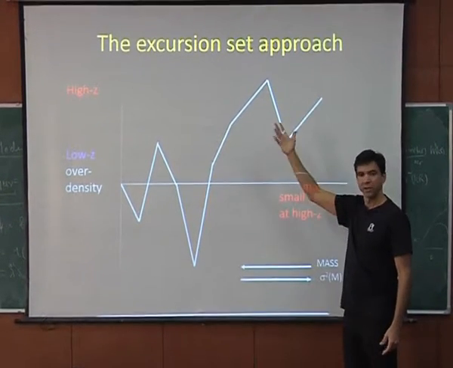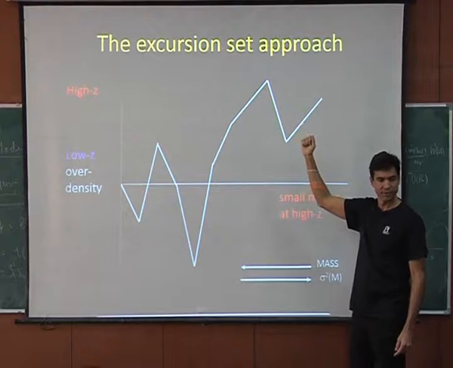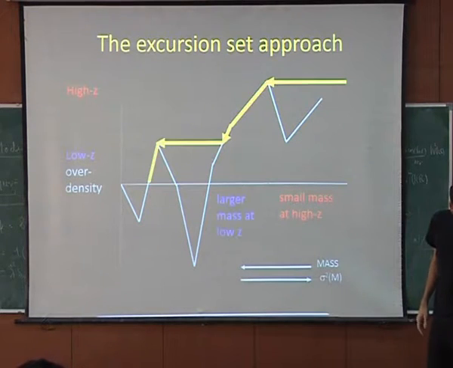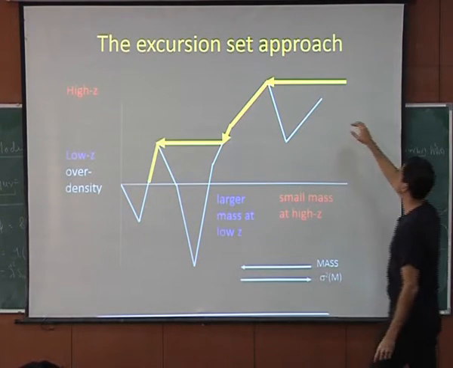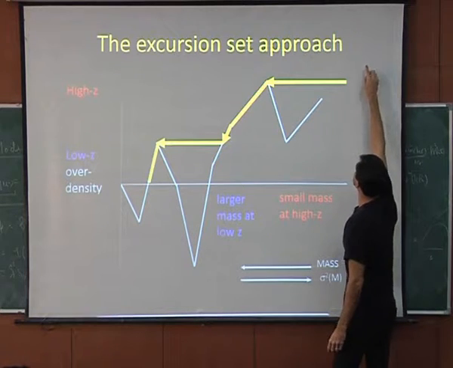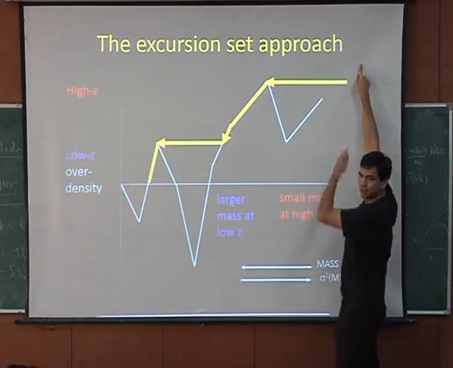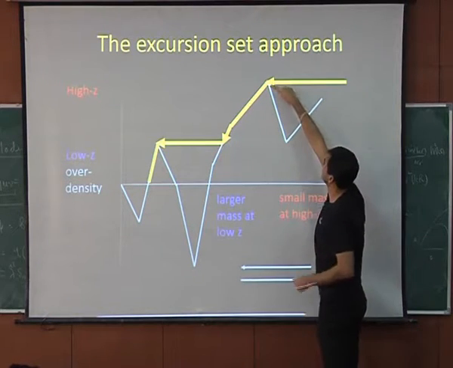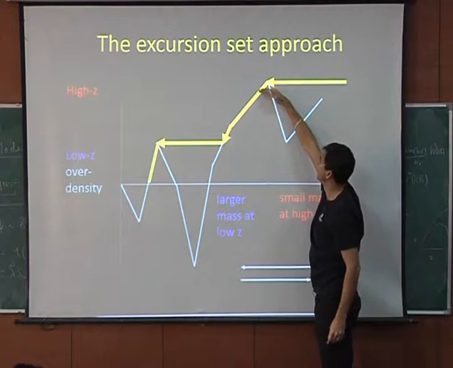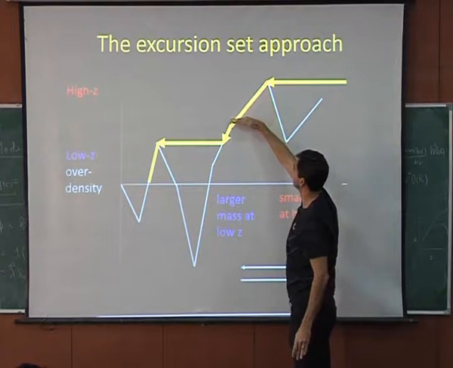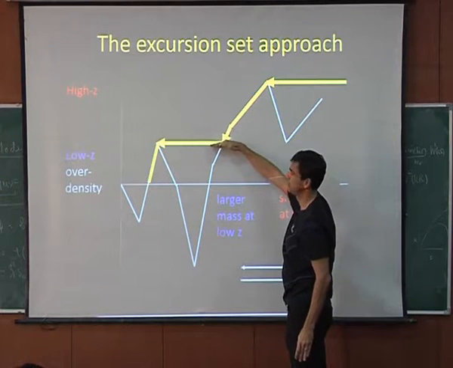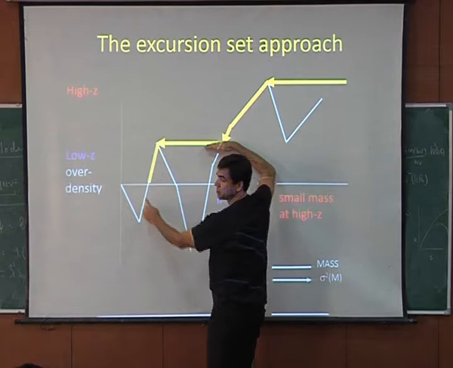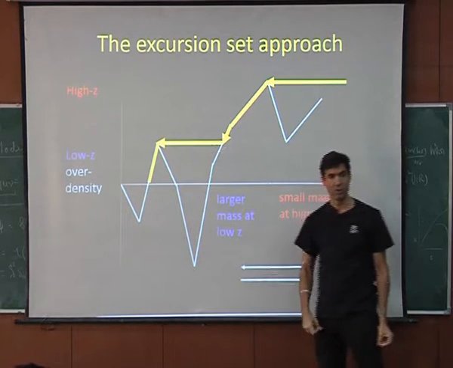When the barrier is lower, that's the necessary condition for lower redshift. So this walk crossed the high barrier over here. Then the barrier drops, then it crosses the barrier here. Then the barrier drops, it's crossing. Then it drops to here, then drops to here as the barrier drops lower and lower.